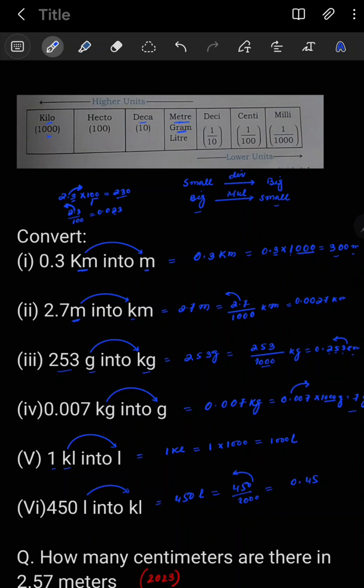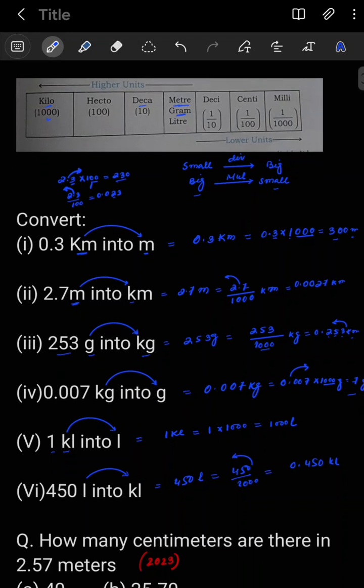It is valueless. If you want you can write it, if you don't want you don't write it. So your 450 liters is equal to 0.450 kiloliters. So like that you have to convert.